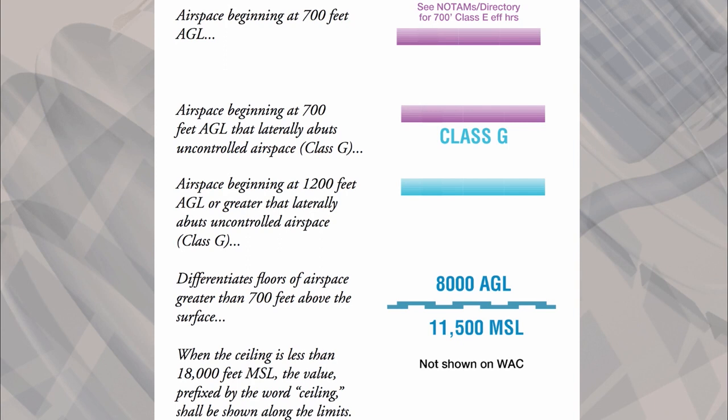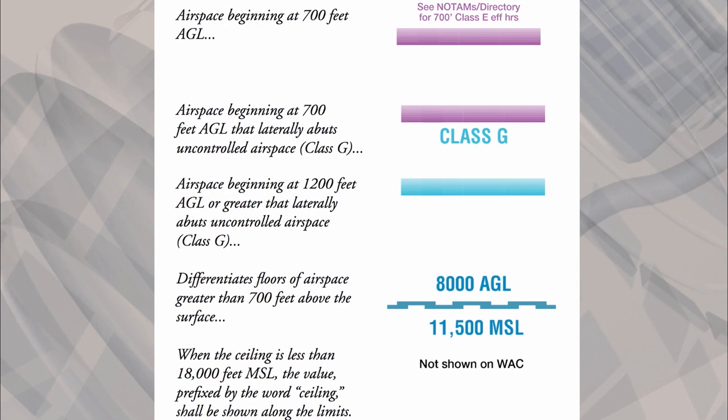And there's a few areas where Class Echo comes directly into contact with Class Golf higher than 1,200 feet, and that's when you would see this blue hazy line. I have never seen one. The entire country is pretty much covered in Class E at 1,200 feet. But this is where you would see the differences.